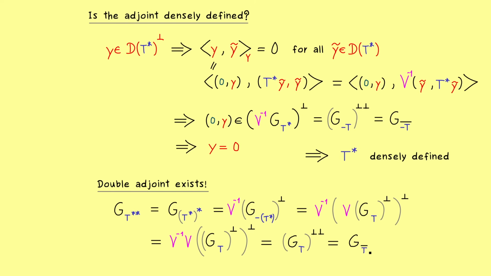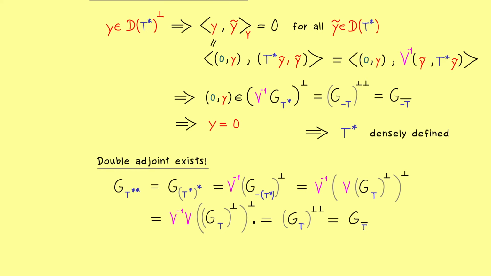So most importantly, here it tells us that the graph of the 2 operators is exactly the same. So by definition, this means that the 2 operators are exactly the same in acting and domain. So we are allowed to write an equality of densely defined operators. And with that, the whole theorem is proven.